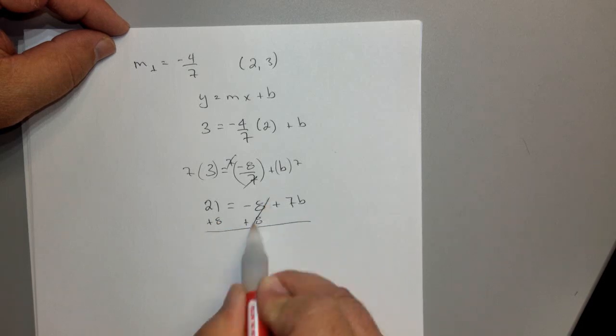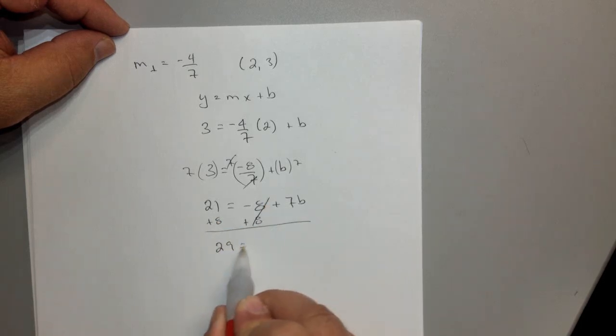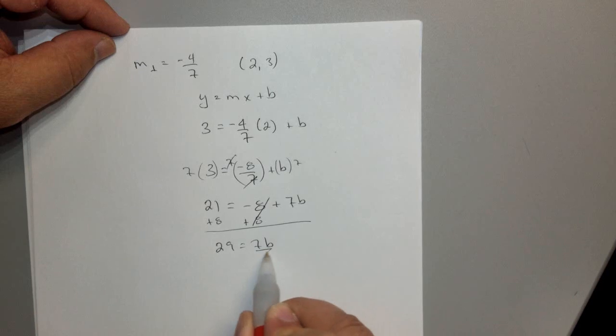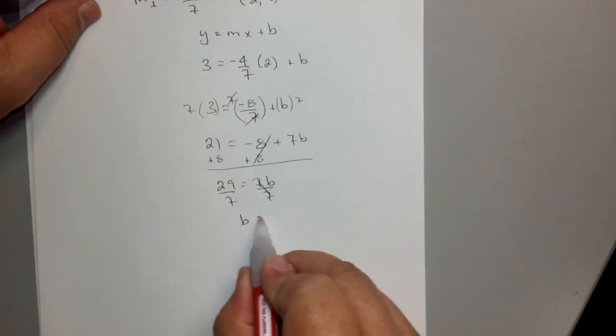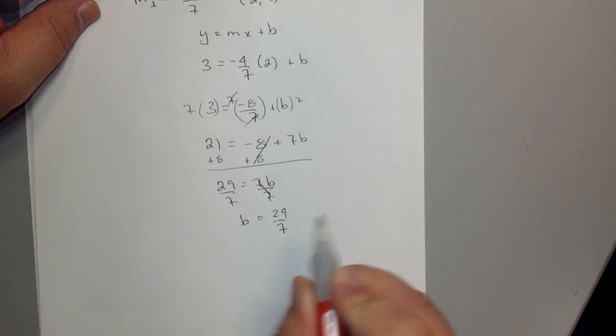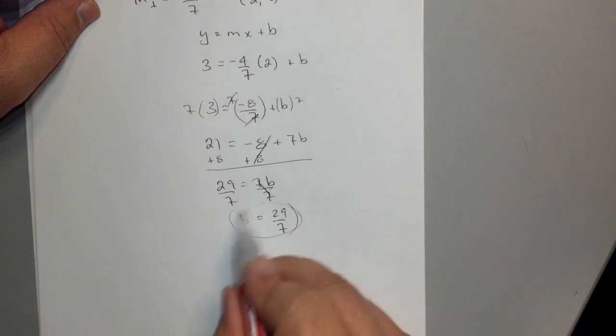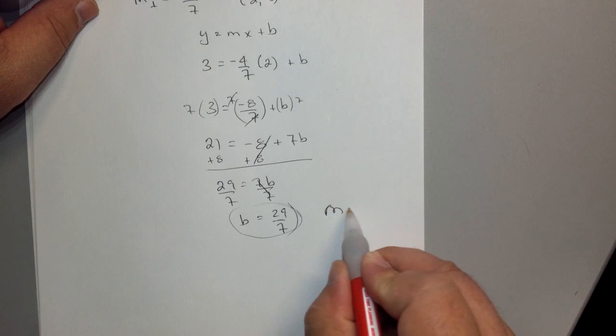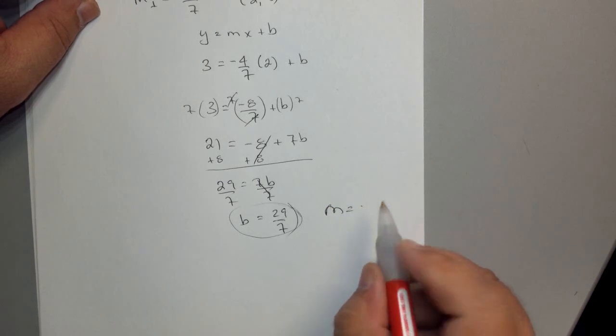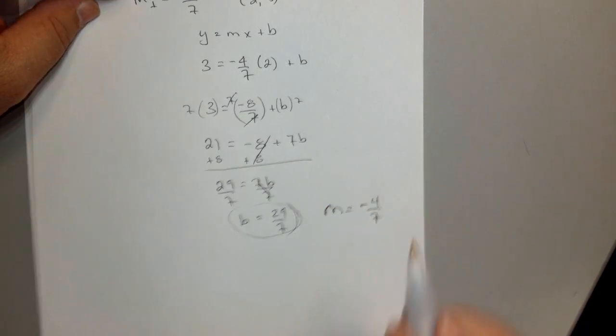Add 8 and divide by 7. So this y-intercept is 29 over 7, with the slope negative 4 over 7.